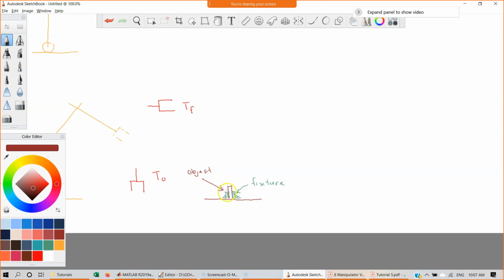So I need to pick this object from here and place it somewhere else. Maybe I want to place it here, right? Okay, I want to paste, and again we have a fixture here as well.